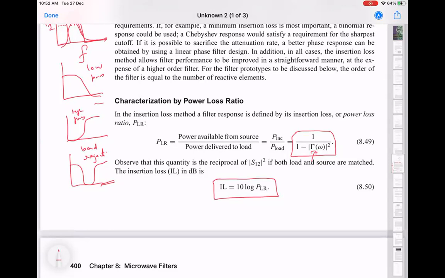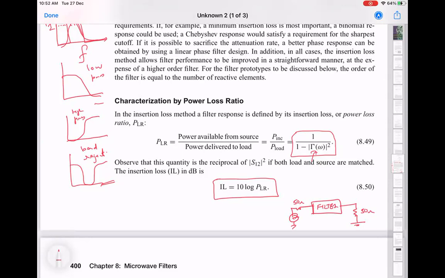So here, if this is your filter, we are talking about source and then load here. So ideally this is all 50 ohms, okay, everything. And this is your source.